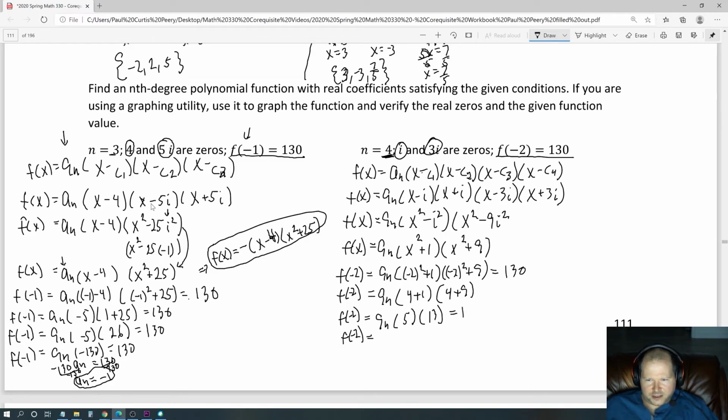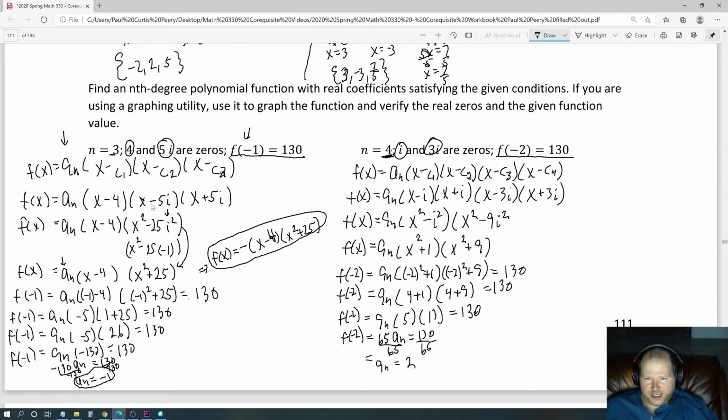And that's all still equal to 130. Okay, so at this point, we say 5 times 13 is 65. So we end up with 65 a n is equal to 130. I divide both sides by 65. And what that gives me is, well, a n must be equal to 2, right?